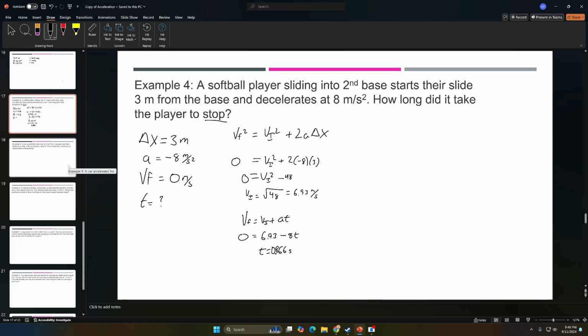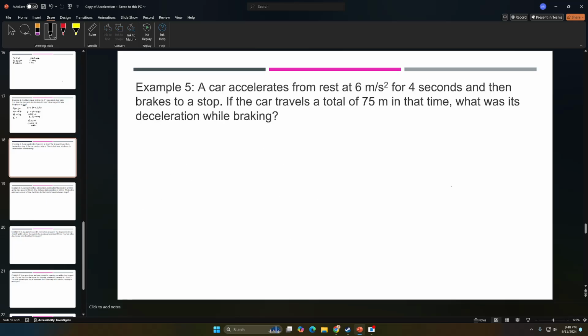Now we're going to step up the difficulty a little bit. I'm going to let you read this problem for a second and see if you can identify what's interesting about it.